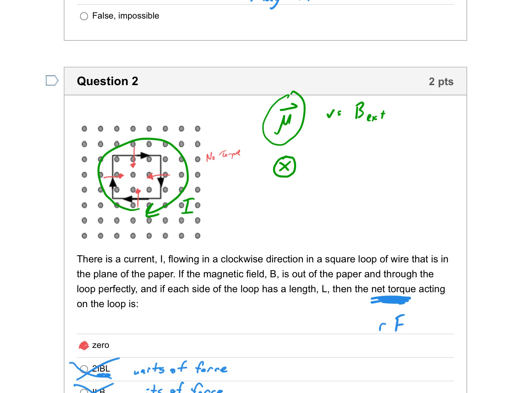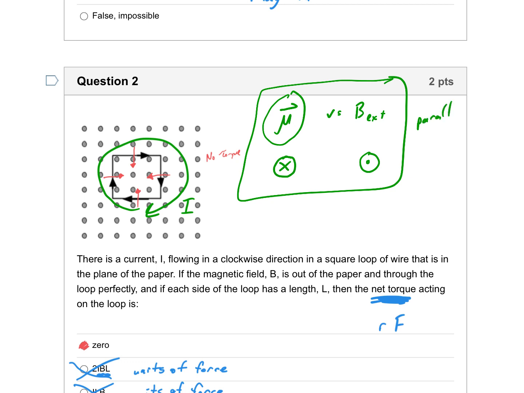B external, on the other hand, is out of the page. This means that the 2 of them are aligned. They are parallel with each other. And you might say, well, they're not exactly parallel.